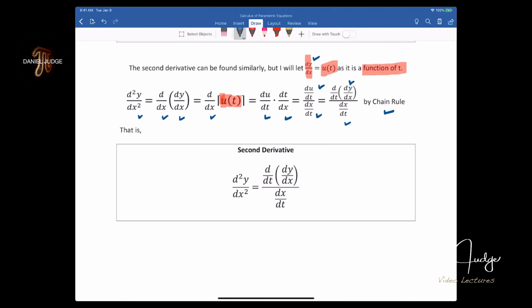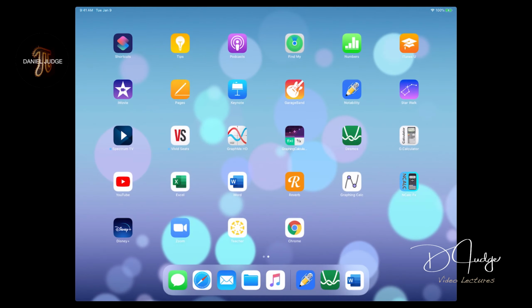So in your book, when you ask, okay, what about the second derivative formula? Well, this is what comes up. That's how you handle this. So we have a way to get the second derivative now, but you need the first derivative. All right, so let's show you guys how to get the second derivative.